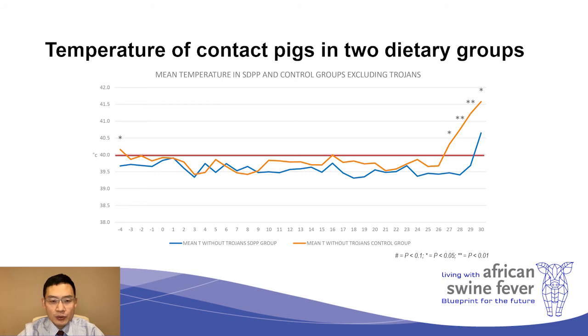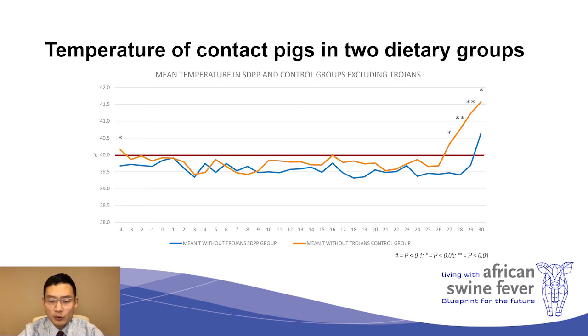This slide shows the average temperature of those contact pigs in those 2 dietary groups, comparing those two groups' temperature. As you can see on the slide, the blue line represents the plasma group, and the yellow line represents the control group.